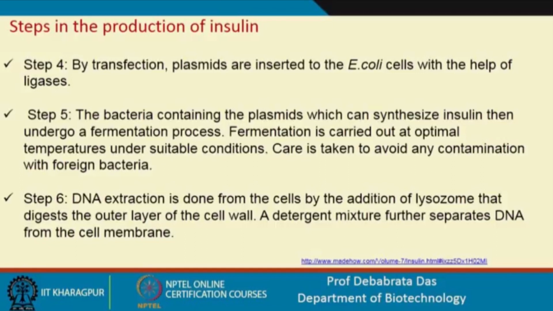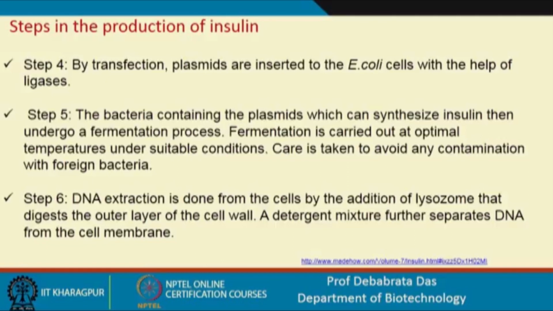The fermentation is carried out at optimum temperature under suitable conditions. Care is taken to avoid any contamination with foreign bacteria. That is exactly similar to other processes, but there should not be any contamination, so that the growth of your desired organism is not affected.